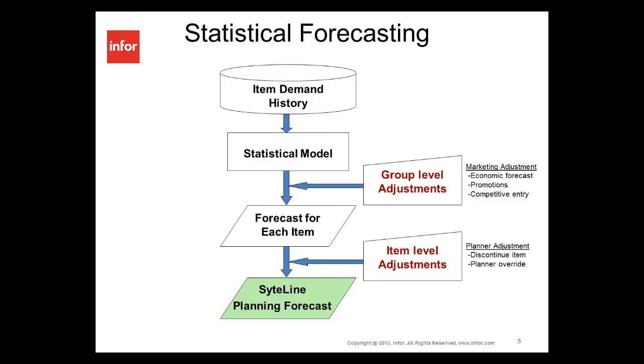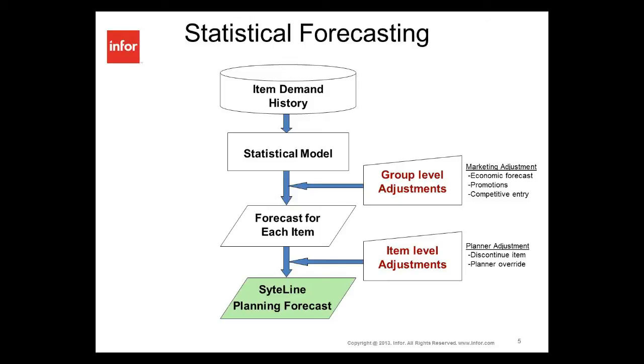You're allowed to adjust those calculations in two different ways. After the model calculates a forecast, you can adjust it at a group level, be that product code, family code, planner code, all the different ways you have of grouping different items in SyteLine.